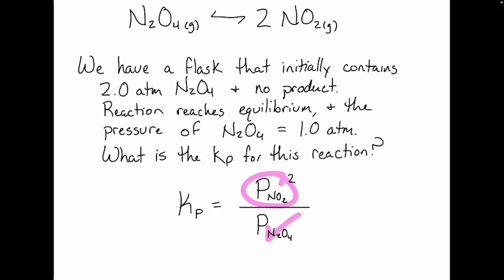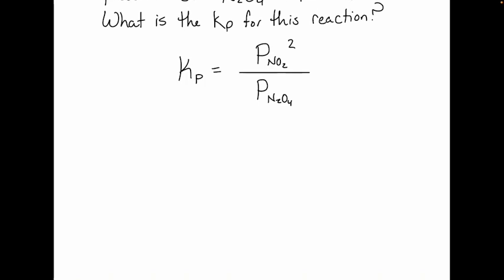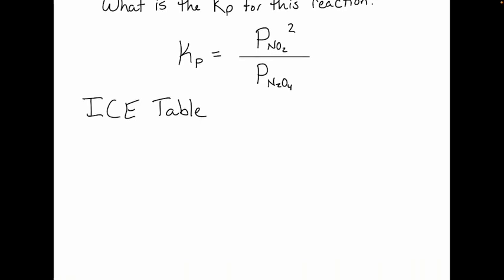Okay, what we're going to do is a strategy that we're going to use over and over and over again in this course, and that's what's called an ICE table. Okay, so I'm going to build this table, where on the left-hand side I have my acronym, ICE.